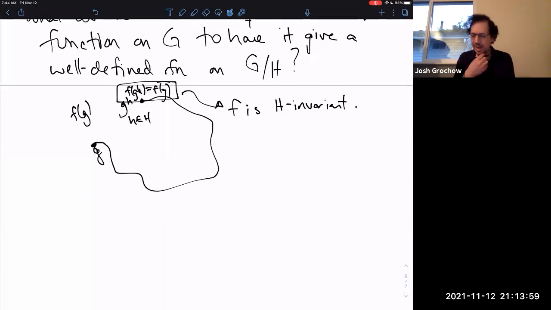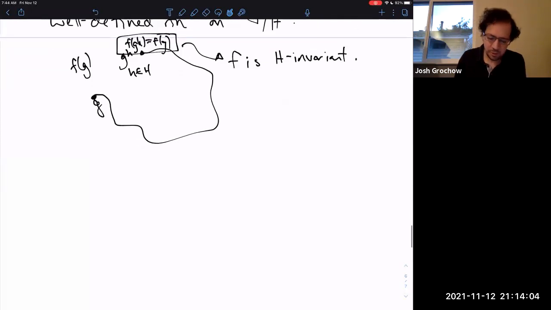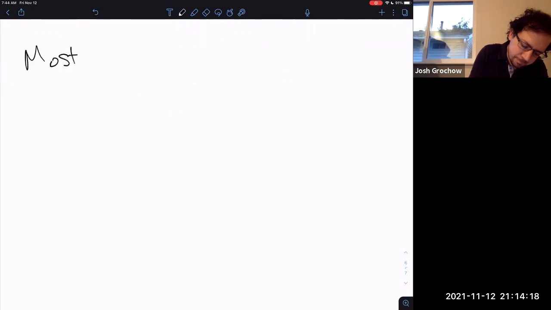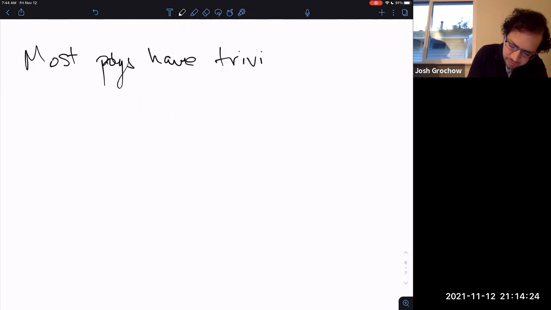All right, and one issue: if you were to take an arbitrary function, even an arbitrary function in VP, for example, or in VNP, most polynomials have trivial stabilizer.